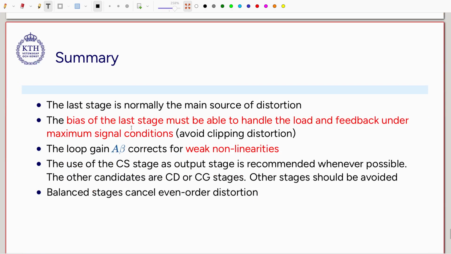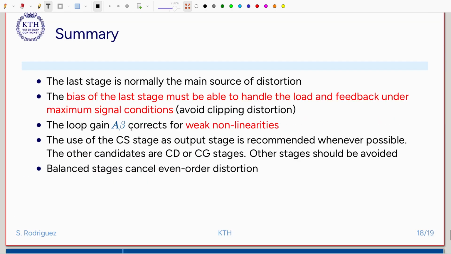So the last thing, as a summary: the last stage is normally the main source of distortion in an amplifier, and the bias of the last stage is the one that should be able to handle the load and the feedback under maximum signal condition, that is, at the higher frequency of operation and the maximum amplitude.